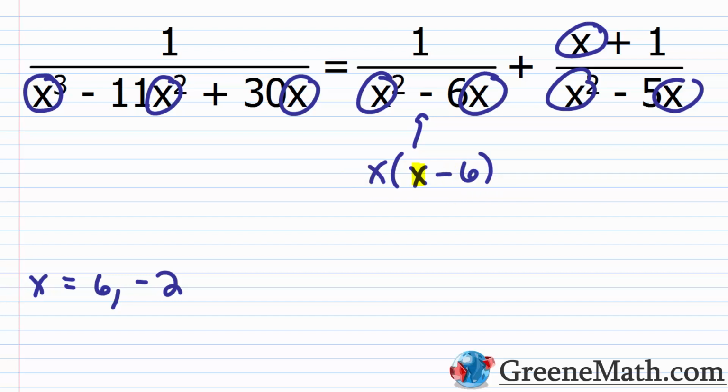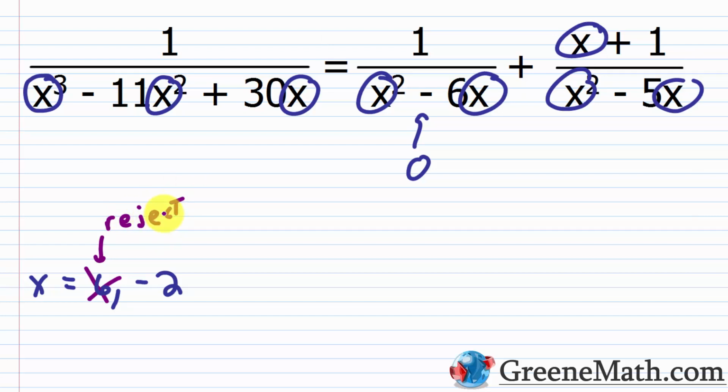Let's say that I replace this with 6, and I replace this with 6. So 6 minus 6 is 0. 0 times 6 is 0. So this denominator here would be 0, right? You can't divide by 0, so this is going to be an extraneous solution. You have to reject that. So x equals 6 is not a valid solution.